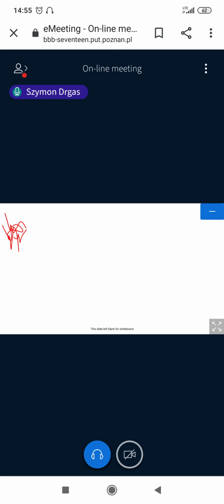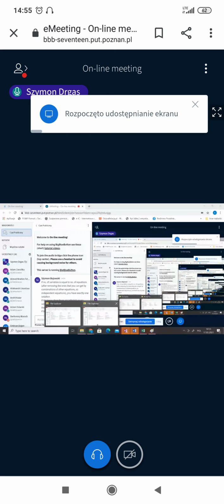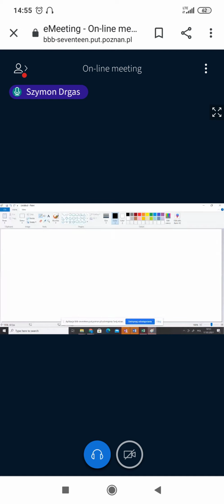If the number of variables is equal to the number of equations, okay, I'm trying to do this screen sharing. Okay, so now I think it will be good to try this exercise number 12.